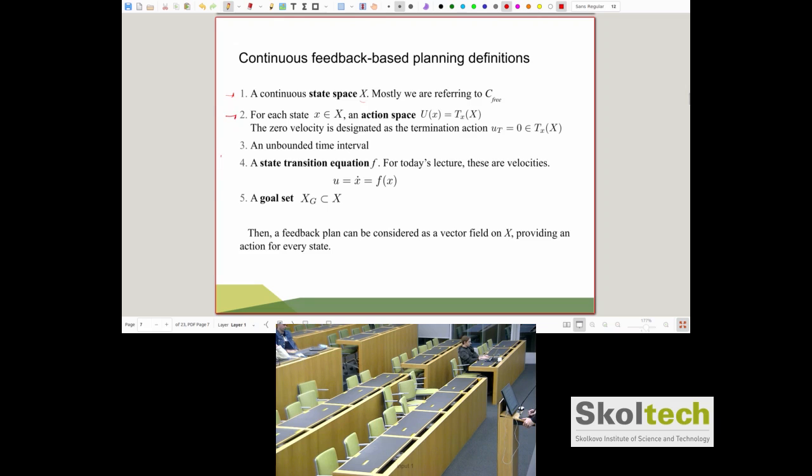The other important thing, the second ingredient, is the action space. And here, you will see something that looks familiar, right? So what we are defining is that for each point that belongs to our state space, there's an action that is a velocity. And in a way of bringing together the two concepts that we explained before, we said that this action space is just the tangent space around each of these points.